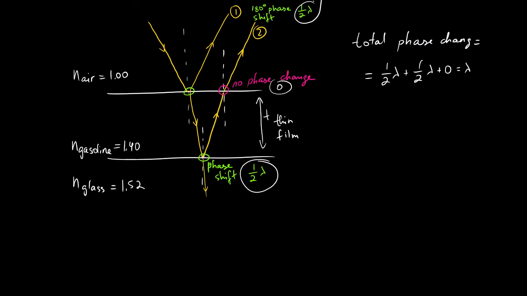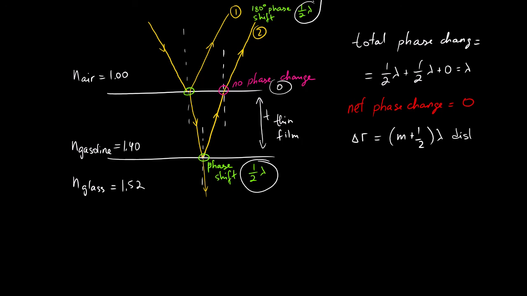So if I want to write it, net phase change equals 0. In this case, for the destructive interference, again we have the destructive interference condition, delta R equals (m plus 1/2) lambda.